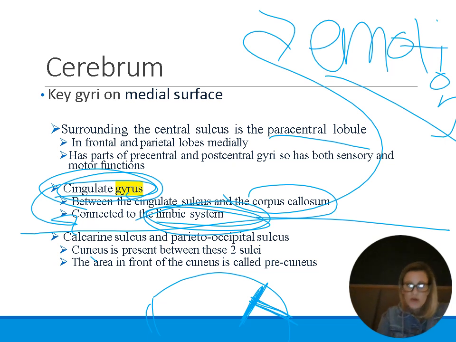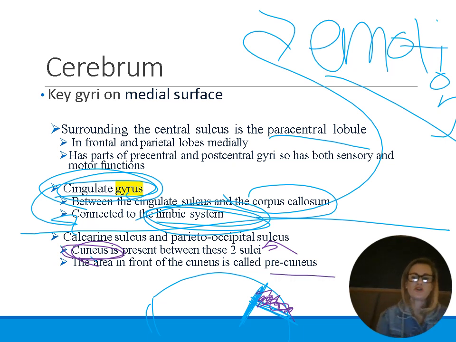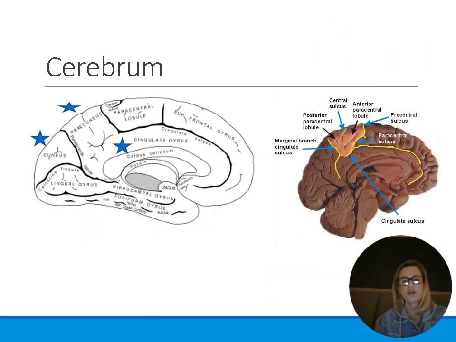The cuneus is between both of these two sulci. The cuneus is the area above the calcarine, up here. The area in front of the cuneus is referred to as precuneus. We'll talk about those areas a little bit later when we talk about functions.